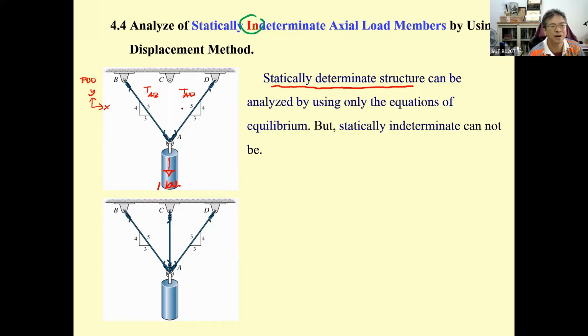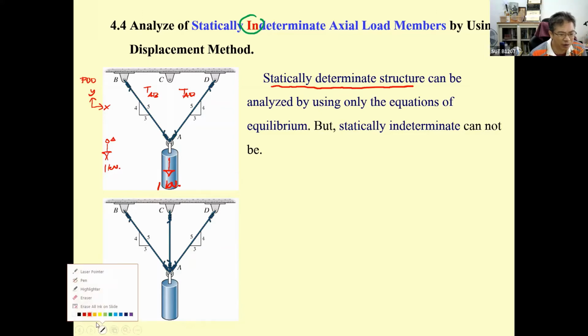By doing this, when you draw the free body diagram, just take point A over here, and then the 1 kilonewton will be in this direction, and then the cables will have forces. One is going to be T sub AD, another is T sub AB, and then this is the ratio, right? 45. And next step, you just draw the ratio that you have.